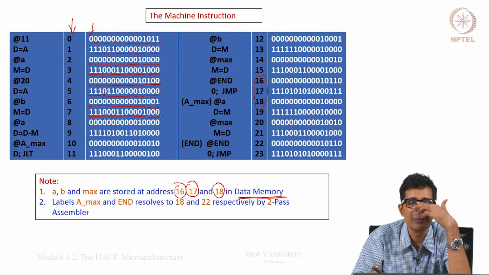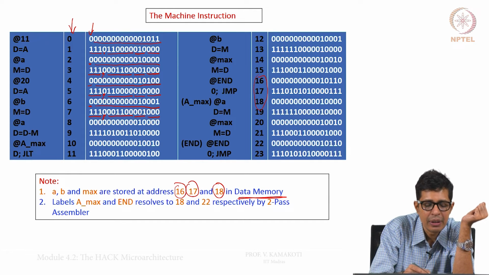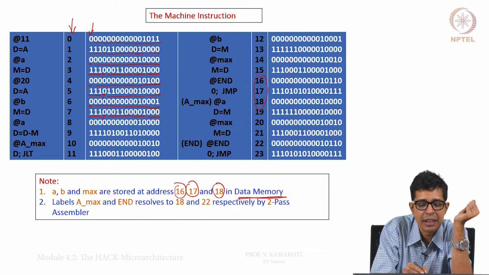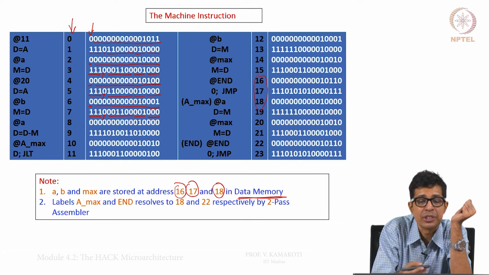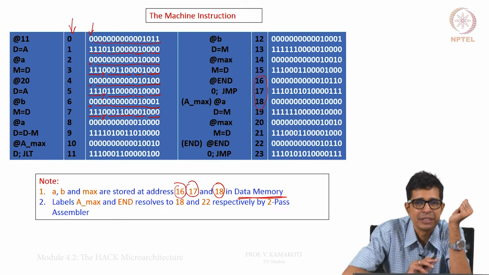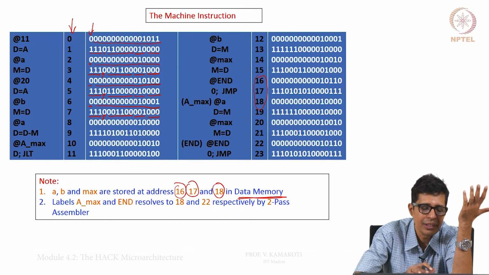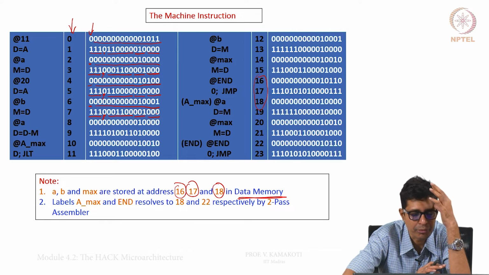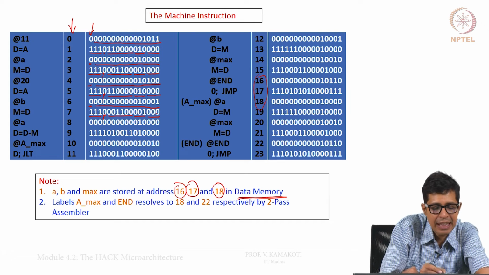There is also a table for the destination bits, depending on the 3 bits, whether it is M or D. And there is a table of 7 different possible jumps, which corresponds to the last 3 bits. So, this we have already taught. So, just go back and keep the table at your side, so that you can understand this much better.